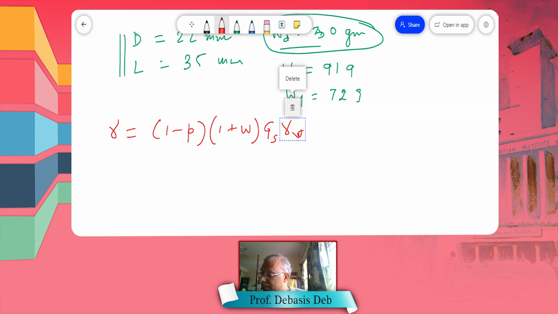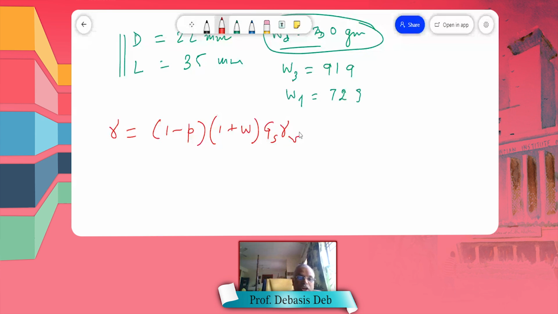Let me write it again. So gamma, the moist unit weight, is equal to 1 minus porosity, into 1 plus water content, into GS, into gamma W. This is a very interesting equation which relates the volume and weight relationship in the porous material.